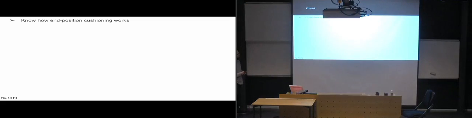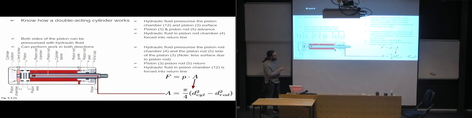Also, something that is used a lot with cylinders is what's called end position cushioning. We'll just take a look at this one again. If we apply full pressure on this side, pushing it outwards, it's basically going to slam into the end there, unless we do something about that.